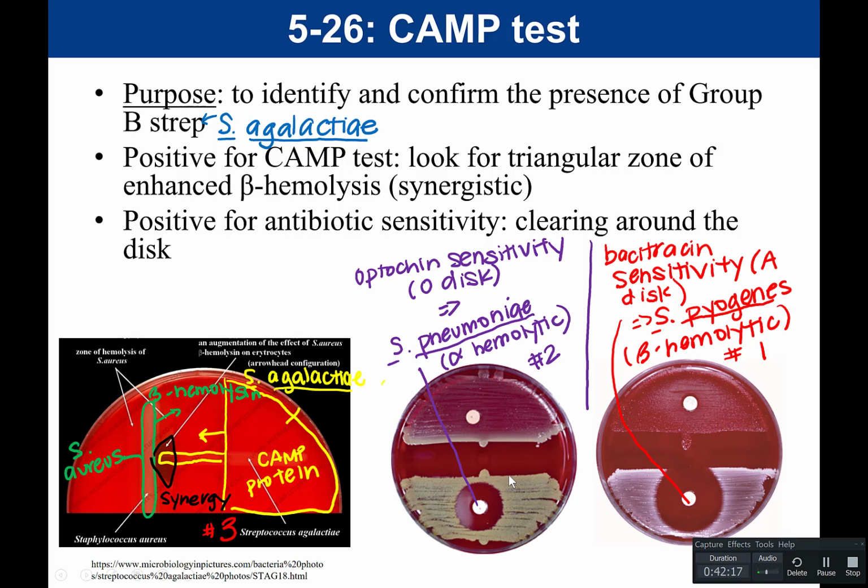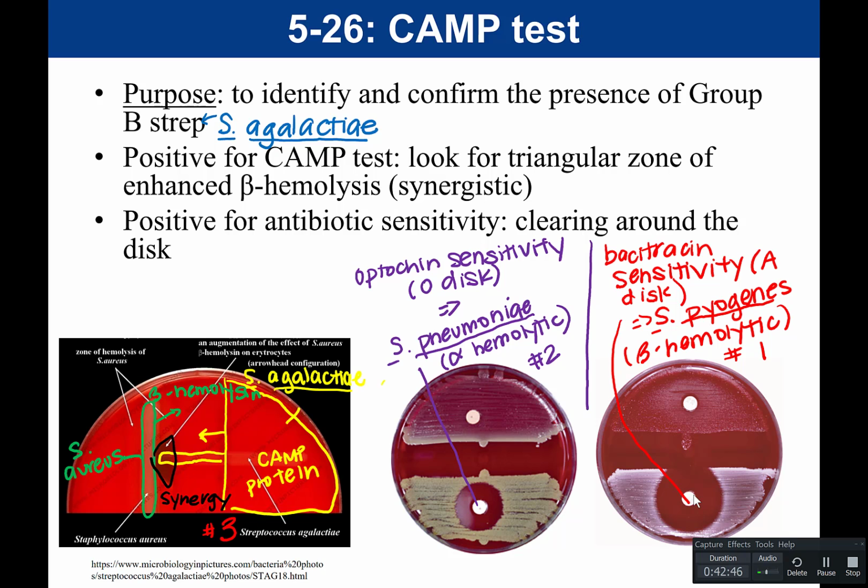And of our 5, the only one that is sensitive to the optochin would be our Strep pneumoniae. It would also be alpha hemolytic. And for unknown number, that would go with number 2. So number 2 would have been our Strep pneumoniae. We also had another disc on the plate, which is a bacitracin disc.